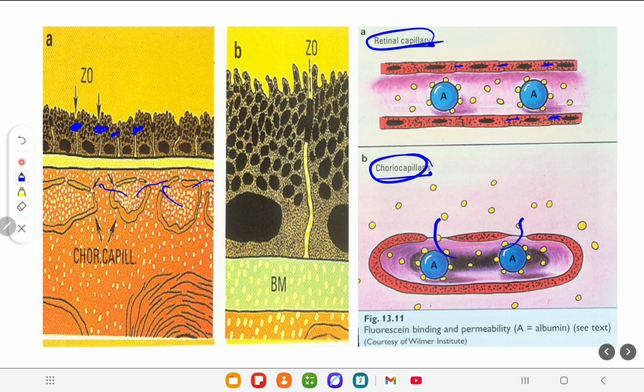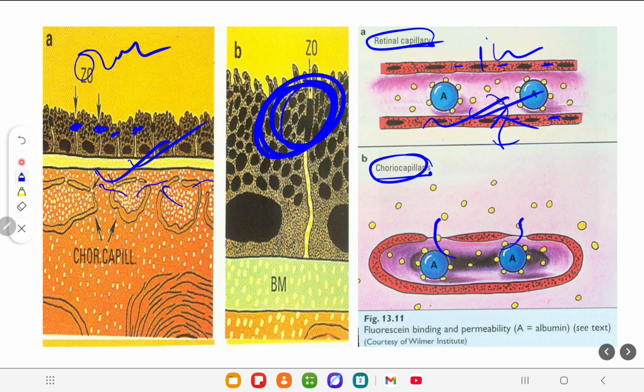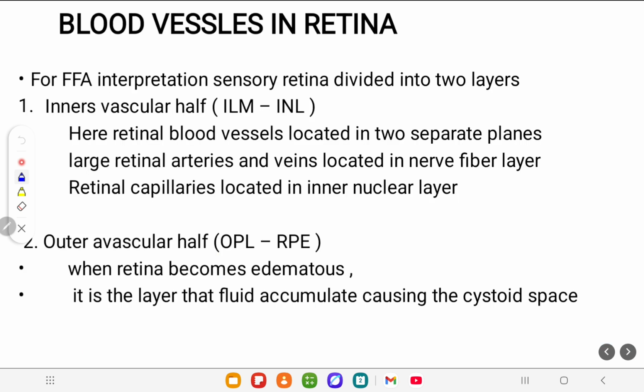So that's why fluorescein cannot escape from the retinal capillaries. This is the inner blood retinal barrier, this is the outer blood retinal barrier. The outer region is this zonula occludens. Okay, fine, this is the anatomical consideration.